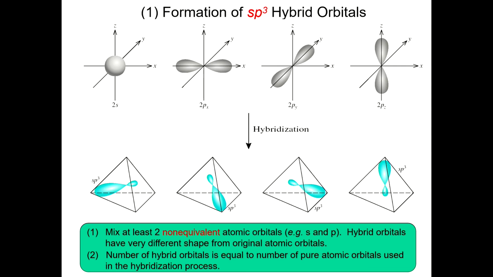This means sp3. sp3 is also s1 p3. Okay, we don't have to write the 1. So just sp3. sp3 is 1 s orbital and 3 p orbitals mixed together to form 4 sp3 hybrid orbitals. Why 4? Why is it not 3? sp3, there are 4 sp3.